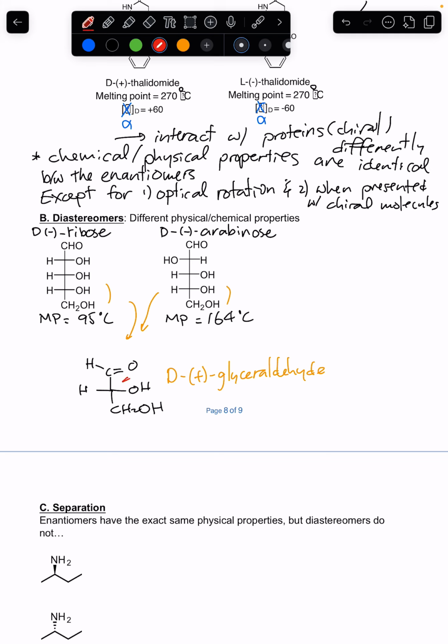This R configuration is kept among all the naturally occurring sugars.